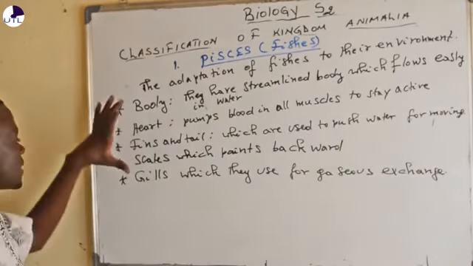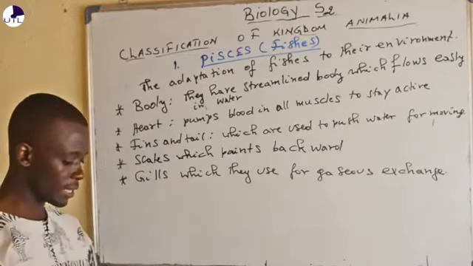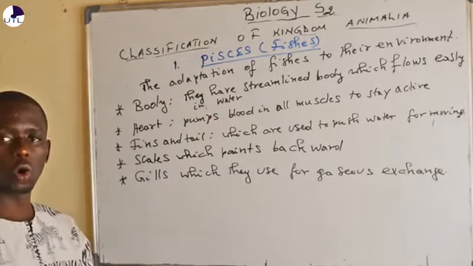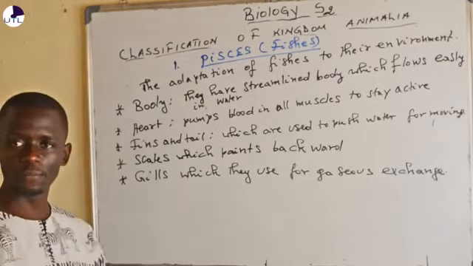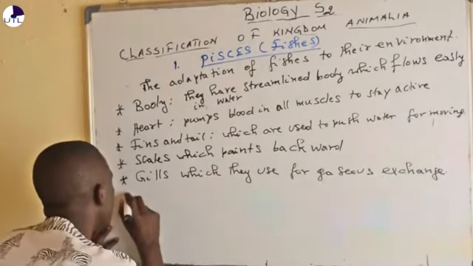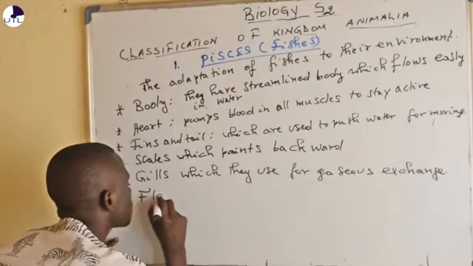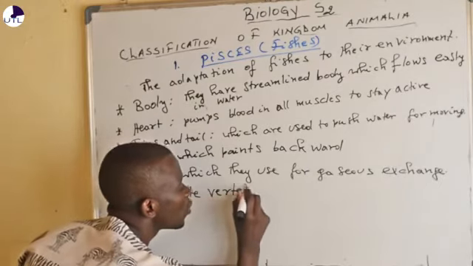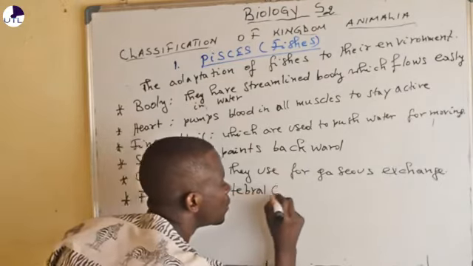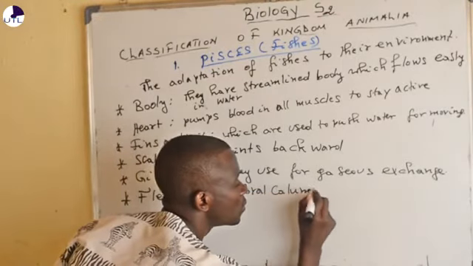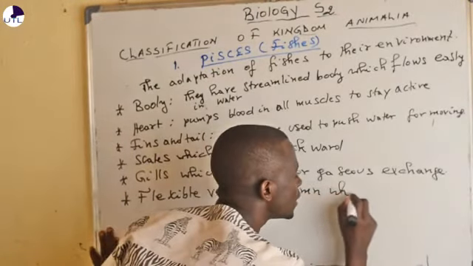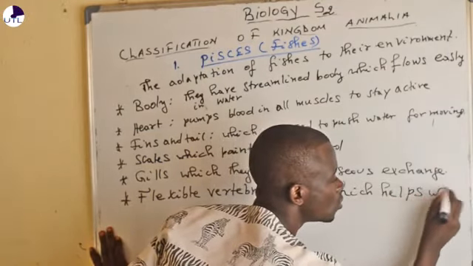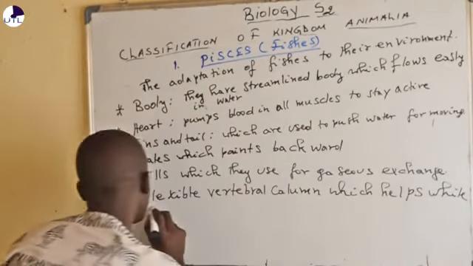Speaking of all these adaptations, we cannot forget the characteristics of all chordata. They have the flexible vertebral column, which helps while swimming.